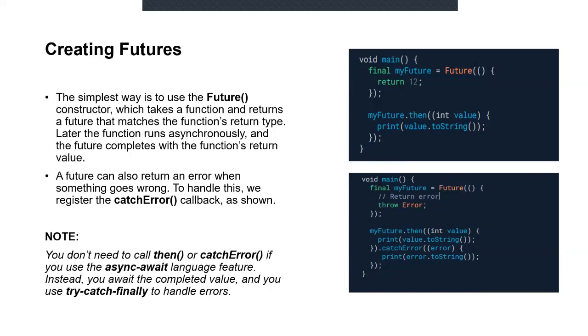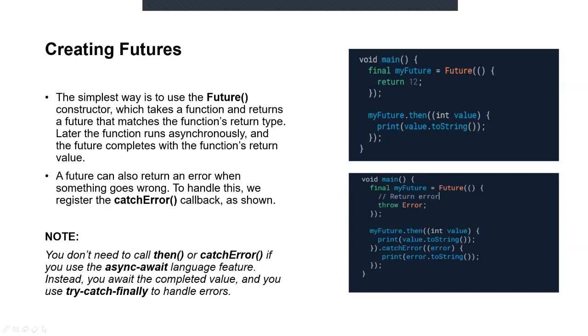Then we need to register a receiver, or a callback, that will handle that future. Like we said earlier, the .then callback is the one used to handle when the future returns with a value. You can see myFuture.then, which also takes a callback.